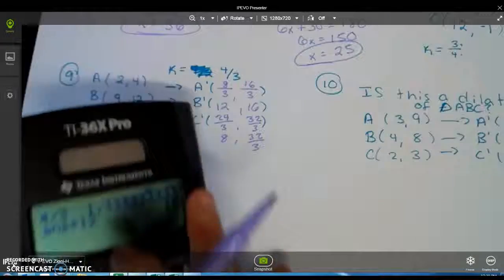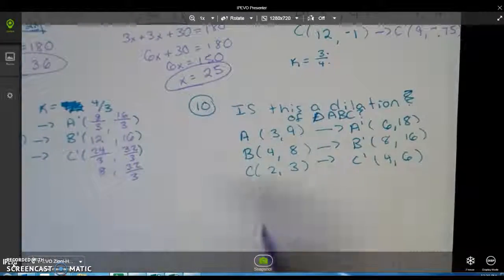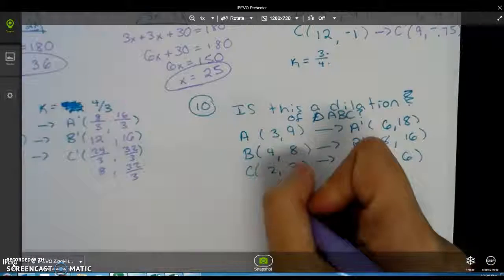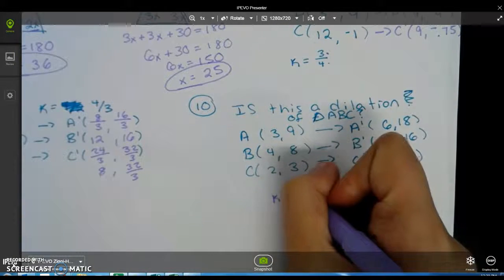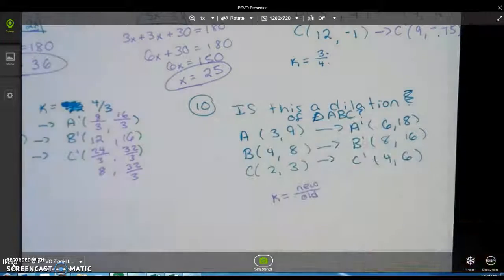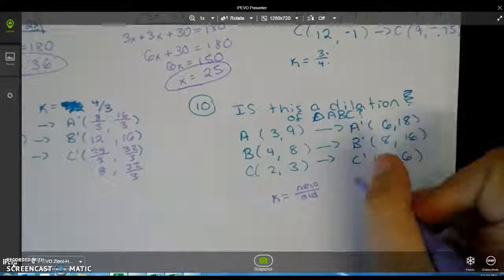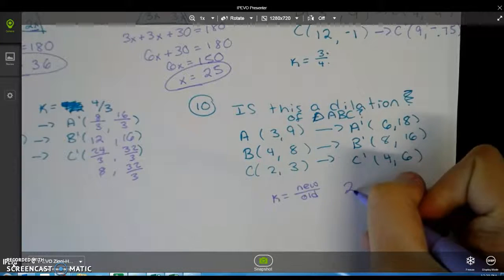Number 10. Is this a dilation? So I need to check and make sure that I have the same scale factor for A, B, C. So I check my scale factor. That is my new point on top of my old. So for A, I have 6 divided by 3, so that's going to be 2.